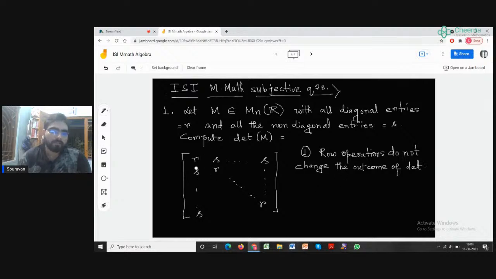That means if I operate this row with this row, if we add or subtract, this type of operation, the typical row operations which you will be familiar with if you know row reduced echelon forms and all those things, do not change the outcome of the determinant if they are consistent.